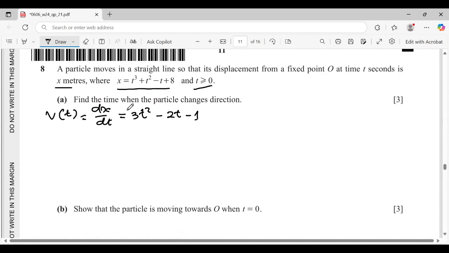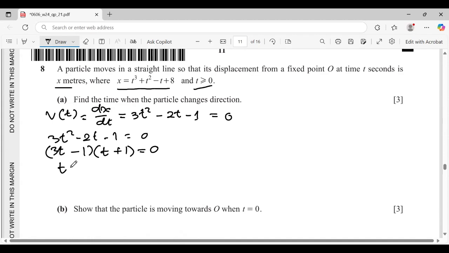We need to set this equal to 0 and factorize it. If we factorize 3t squared minus 2t minus 1 equals 0, we will find the value of t. Factorize: 3t, t, and it is minus 1, plus 1. So we can find t equals 1/3, or t equals minus 1.